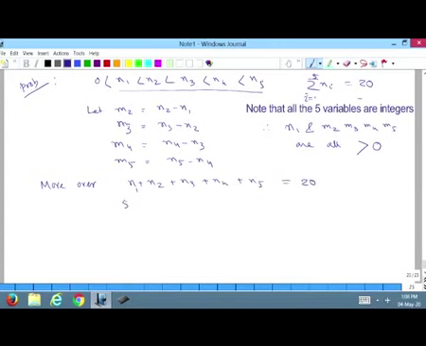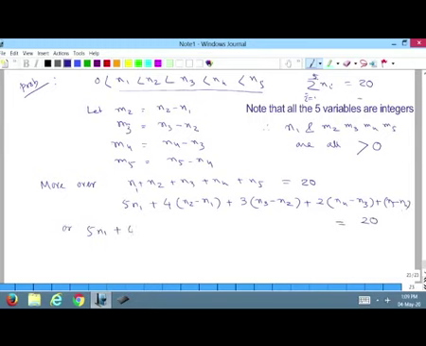This we can write as 5n1 plus 4(n2 minus n1) plus 3(n3 minus n2) plus 2(n4 minus n3) plus (n5 minus n4) is equal to 20, or 5n1 plus 4m2 plus 3m3 plus 2m4 plus m5 is equal to 20, where n1 and all mi are greater than 0.